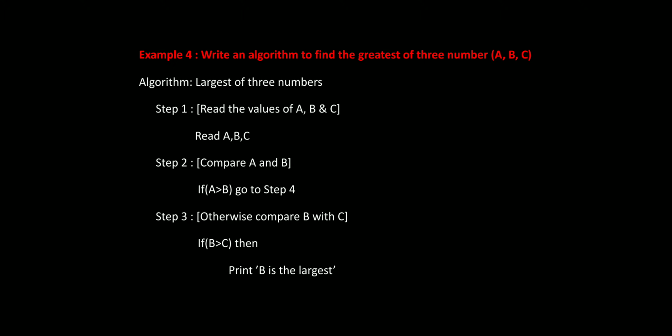This is the hint. Now we can start writing the algorithm. First we have to mention the name of the algorithm, that is Algorithm Largest of Three Numbers. First step is to read the three values to store, that is A, B and C. In the first step we take three values.